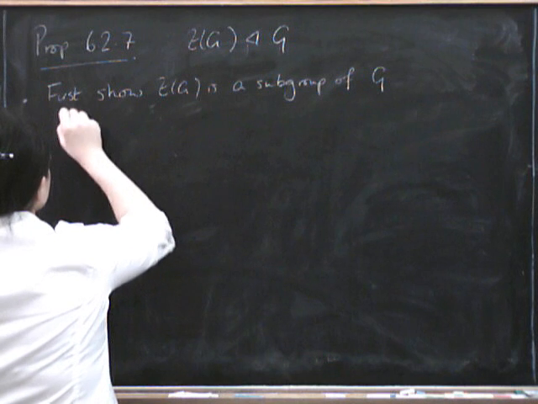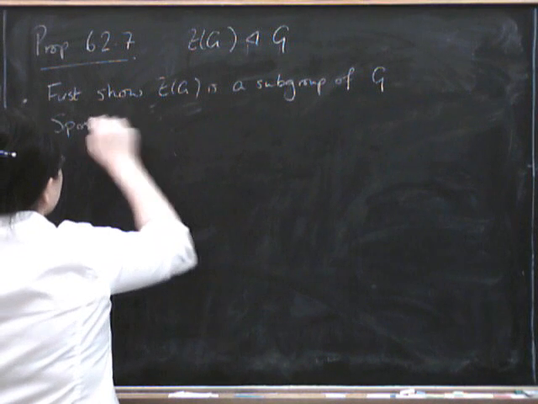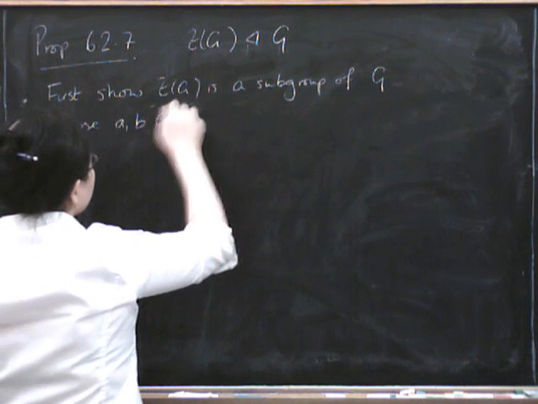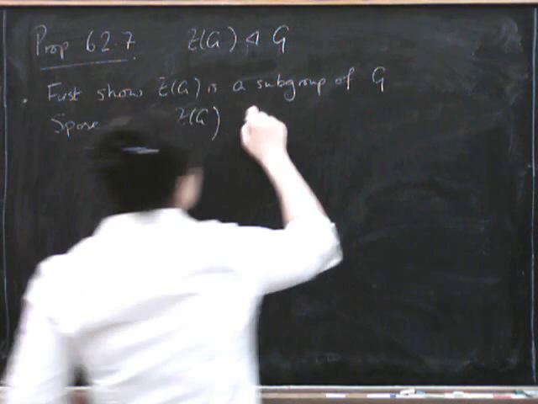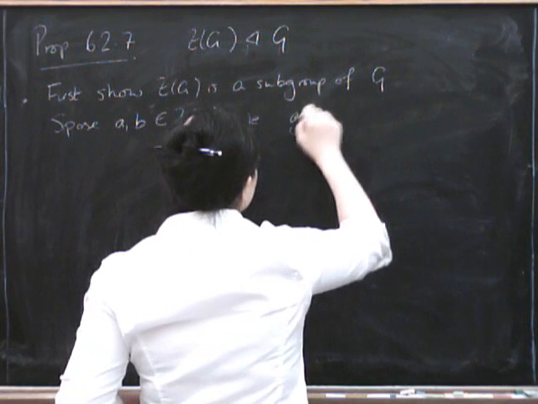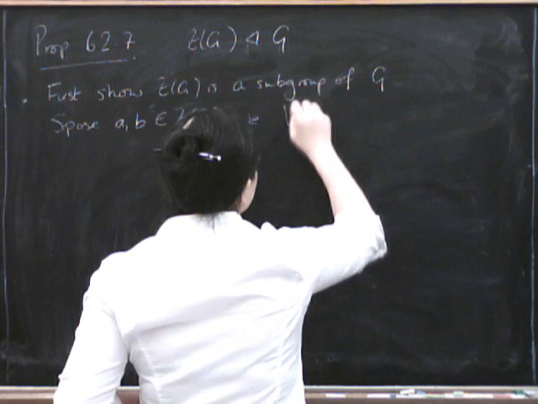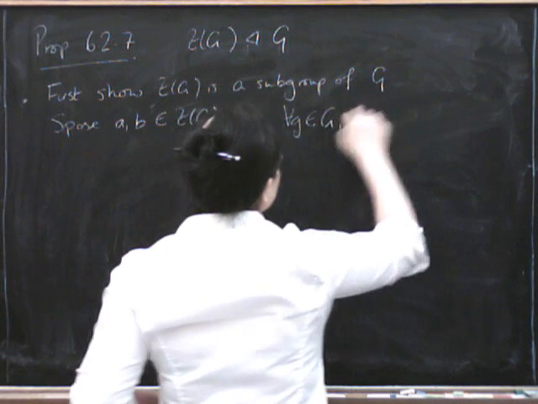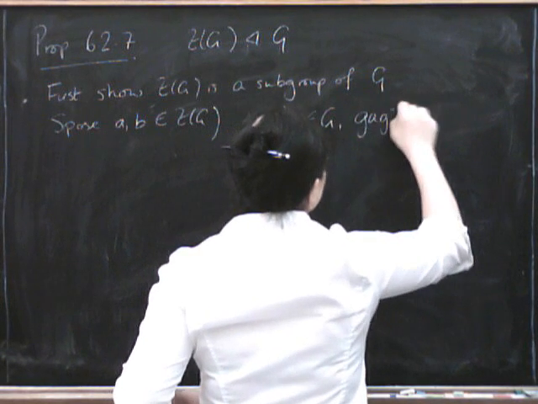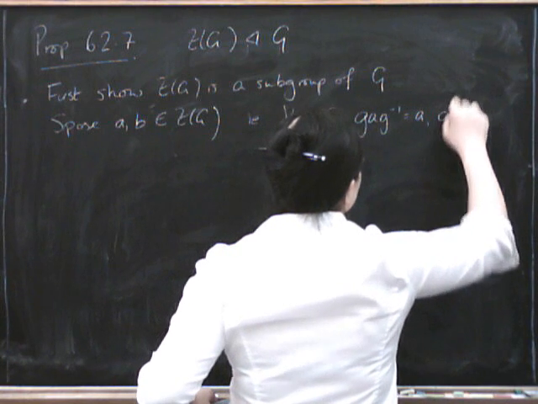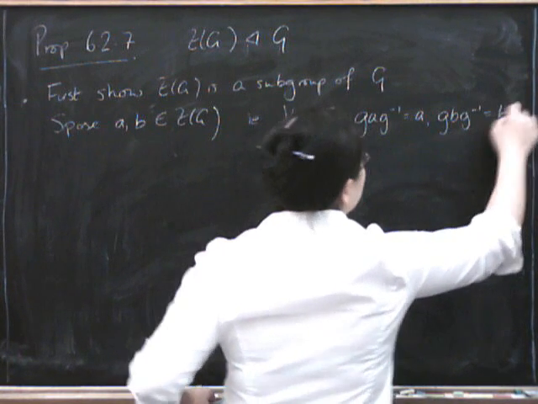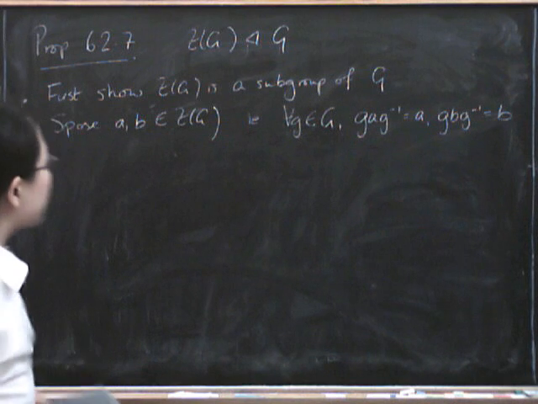So suppose that we have a and b in the center. What does that mean? It means that for all g in G, gag^-1 equals a, and gbg^-1 equals b. That's what it means to be in the center.